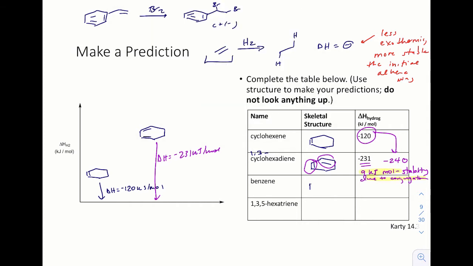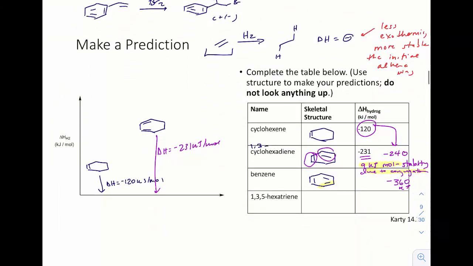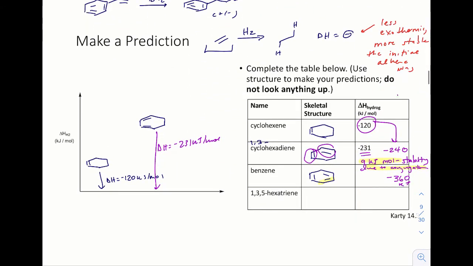Cool. All right, now we can think about benzene, where we're adding one more alkene. Benzene, 3 double bonds. If there's no special stability due to conjugation or due to aromaticity, we might expect a heat of hydrogenation of negative 360, right? That's 3 times the heat of hydrogenation of cyclohexene. Cyclohexene has 1 double bond, benzene has 3.